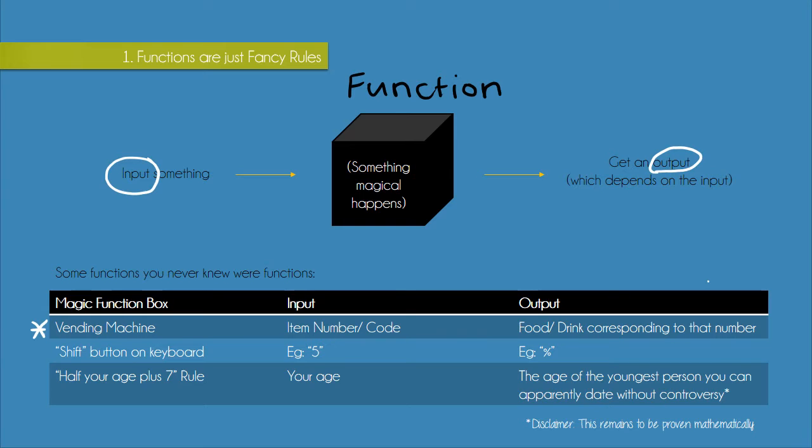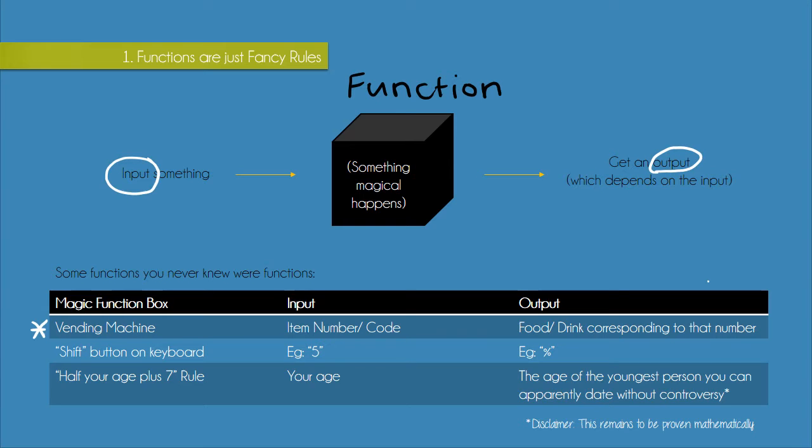So if we want an output of a chocolate bar from the vending machine, we need to look and see what item number corresponds to that chocolate bar to input it into the keypad. So the input is the code we put in and the output is the food or drink corresponding to that code.